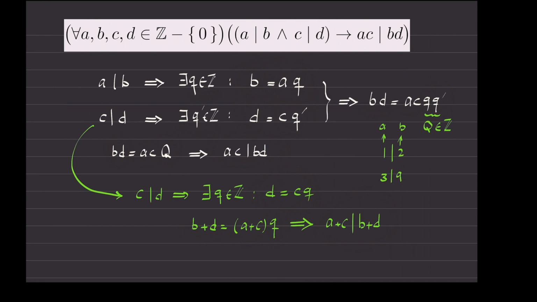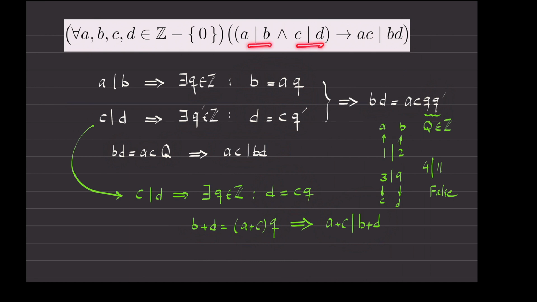I am giving the role of C to 3 and the role of D to 9. Both of them are true. 1 divides 2 is true, 3 divides 9 is true. But let me add them side by side. 1 plus 3 becomes 4, divides 2 plus 9 is 11, which is false. So I hope that you agree with me that this is not correct.